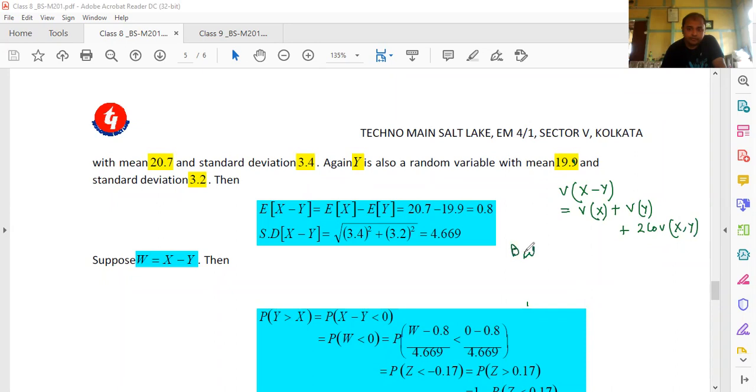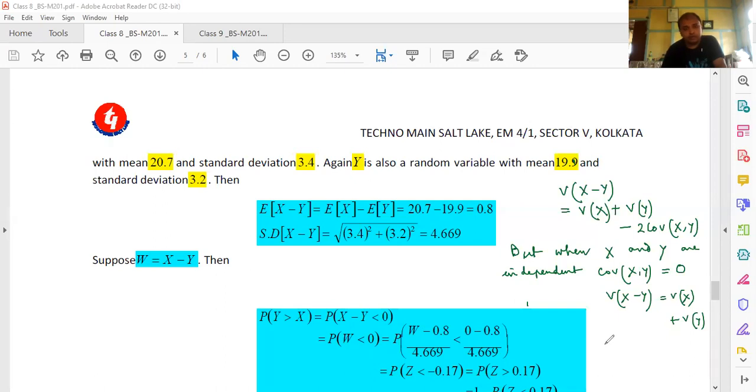When X and Y are independent, the covariance of XY will be 0. And in that case, the variance of X minus Y is equal to the variance of X plus the variance of Y.